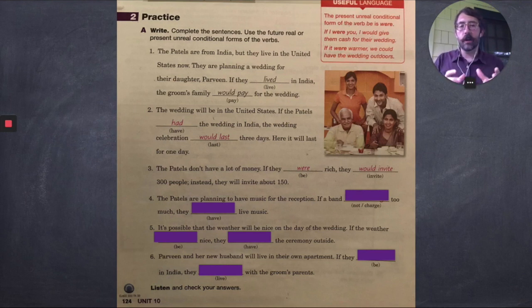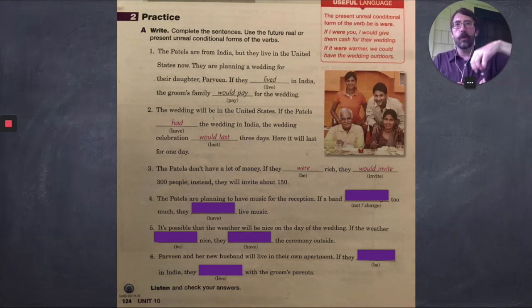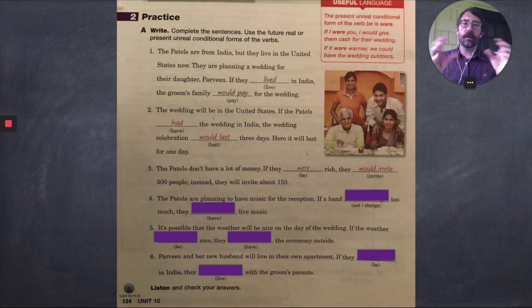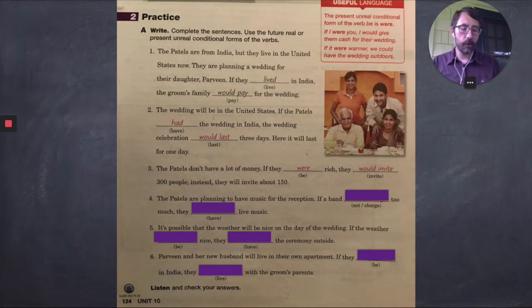But in the present unreal, we're talking about a different world with a different set of rules that are true. And so that's why in number 3, they're pretending what if they were rich, right? It's not possible. It's just telling you what might happen with a different set of things that were true. So present unreal, it's pretending.